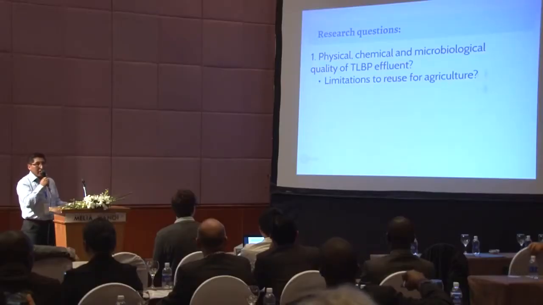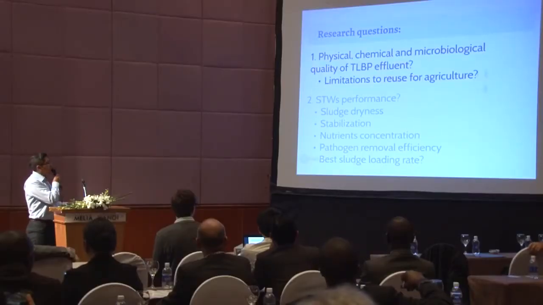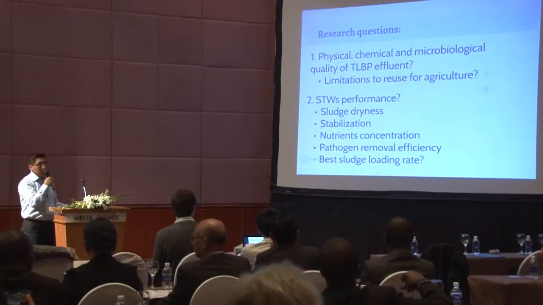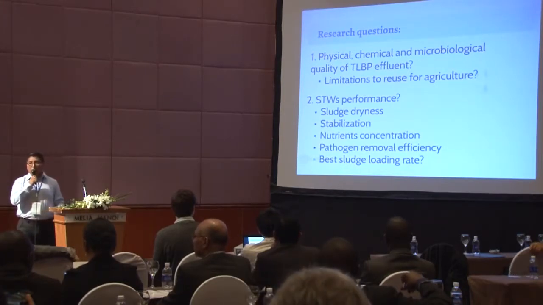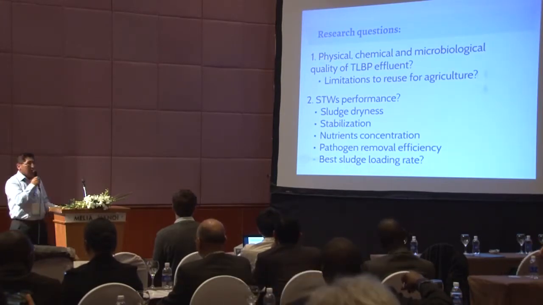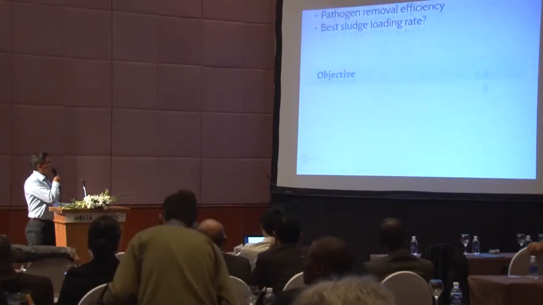Also, very little was known about the characteristics of this product. That's why we did this research to determine the characteristics of this effluent, and also we proposed the implementation of sludge treatment wetlands to check if it's a good system, if we can remove pathogens, and what are the characteristics of the byproducts after this system.